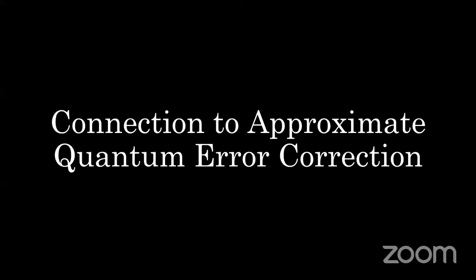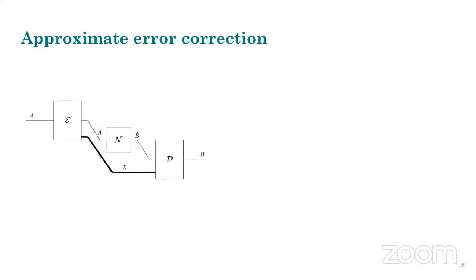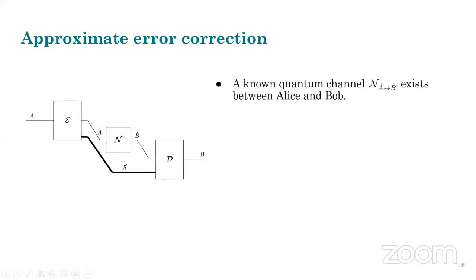So now we're going to connect this to approximate quantum error correction. The problem of approximate error correction looks something like this: Alice and Bob already have a channel N, and they're allowed to do local operations on that system, and Alice is allowed to send some classical data to Bob, and then they want to simulate an identity channel with this operation.